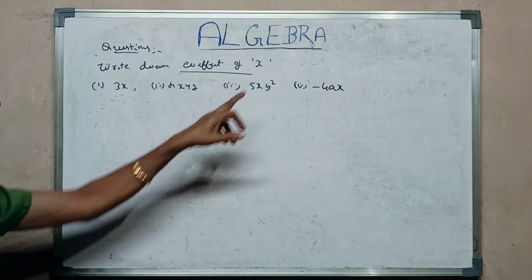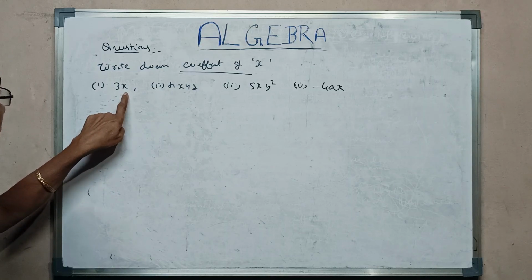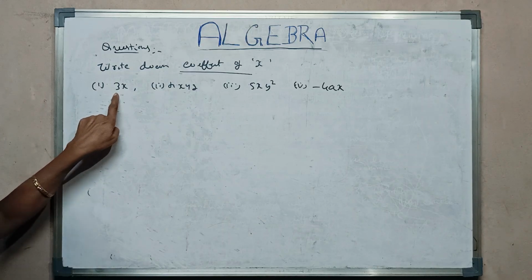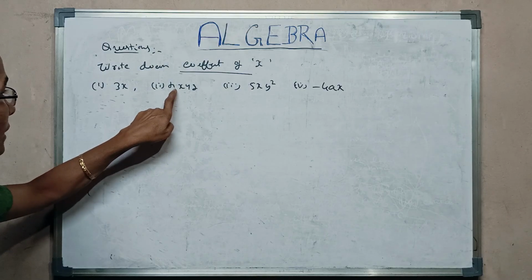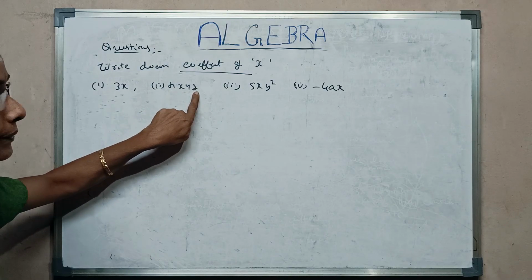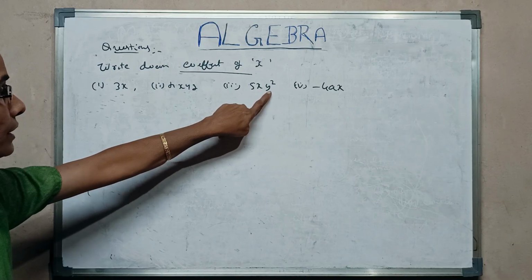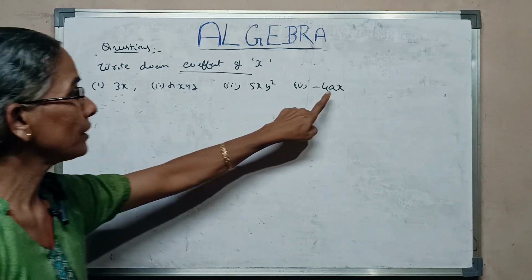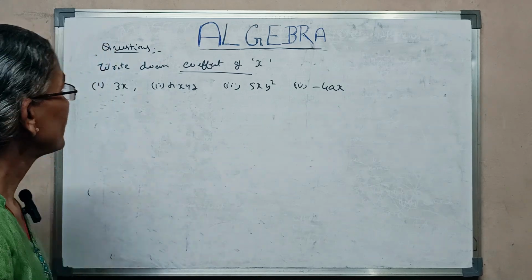Here, coefficient of x means: in the first question, 3x, the x coefficient is 3. In the second question, the x coefficient is 4yz. In the third question, the x coefficient is 5y square. And in the fourth question, the x coefficient is minus 4a.